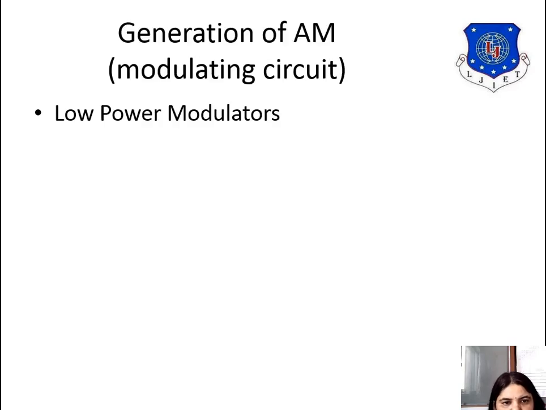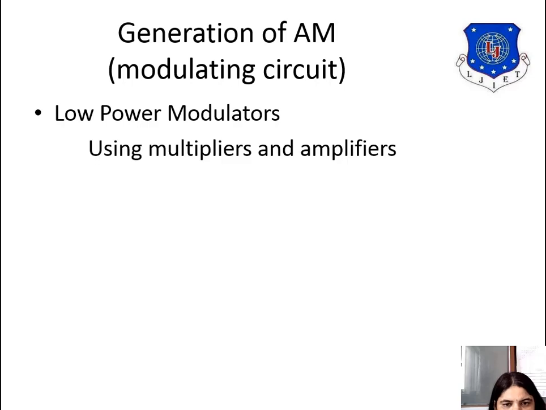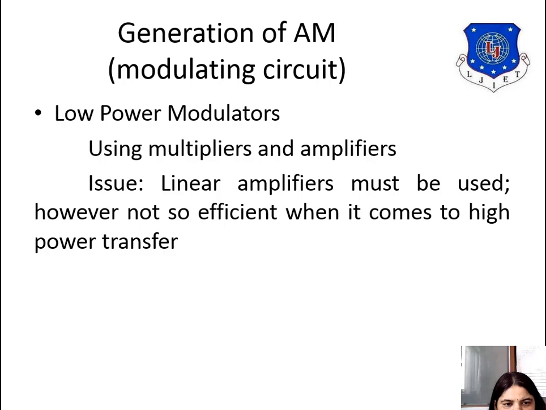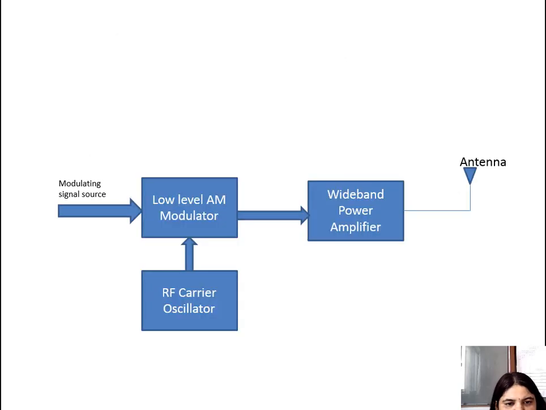Normally the low power modulators use multipliers and amplifiers. The issue with this is that linear amplifiers must be used, which are not so efficient for high power transfer, and have low efficiency.